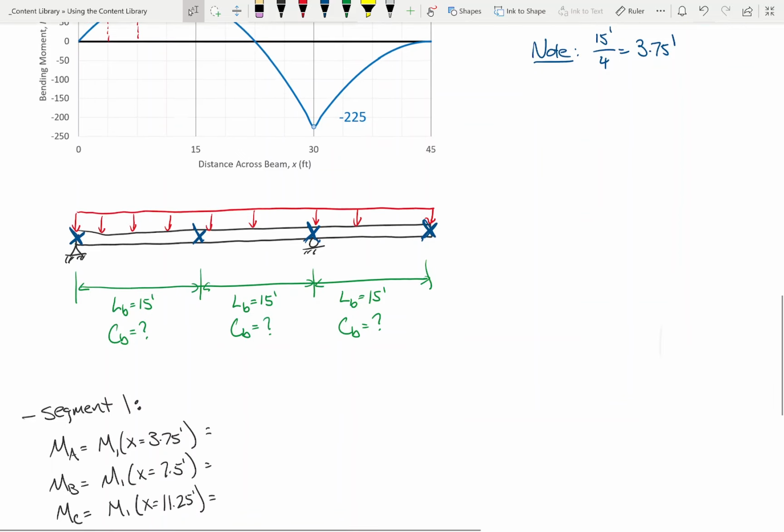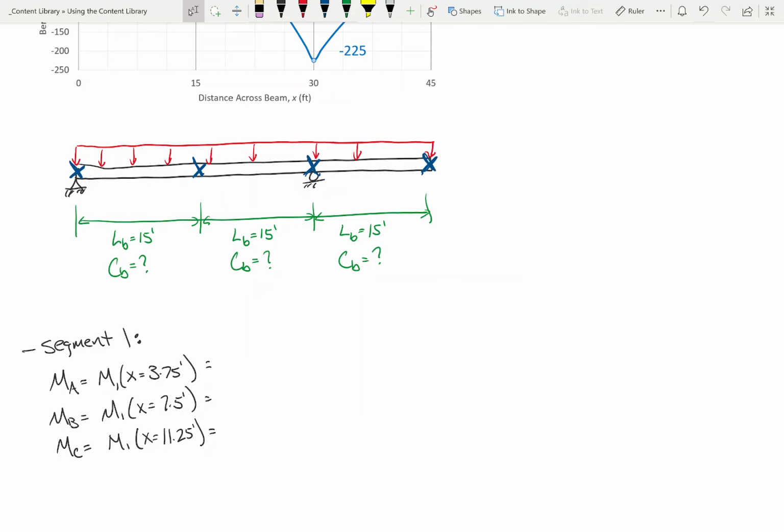So this is 22.5 times 3.75 minus 3.75 squared, 22.5 times 7.5 minus 7.5 squared, 22.5 times 11.25 minus 11.25 squared. Y'all see what I'm doing here? I'm trying to figure out what the values are on that moment diagram at every quarter point.